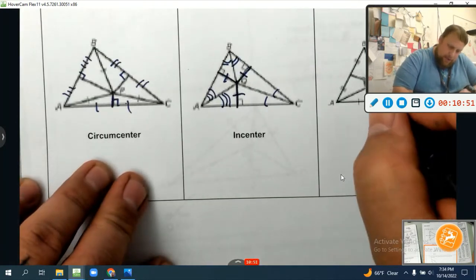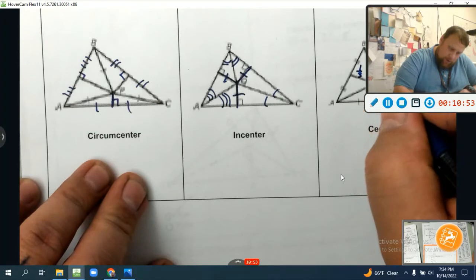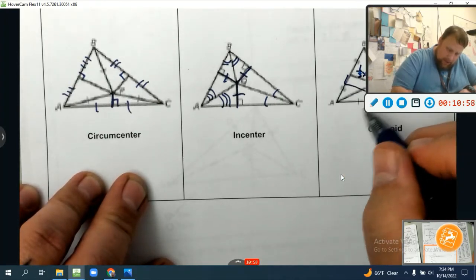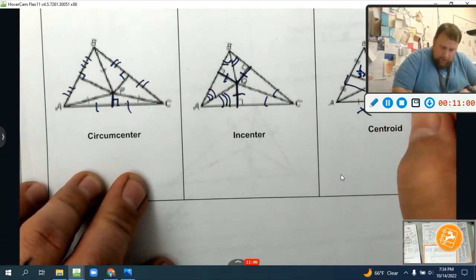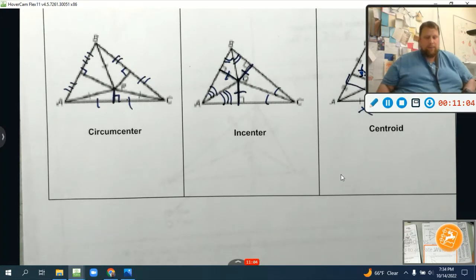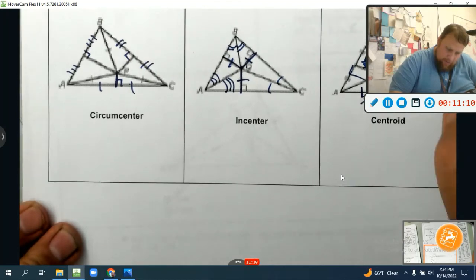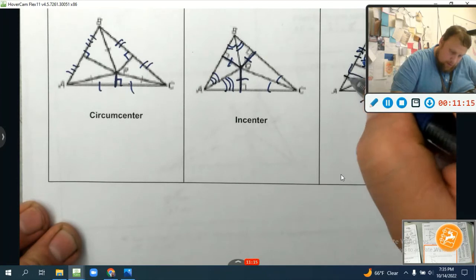And the centroid is this, such that the short side is 1/3 of the total. So if this total distance is x, then right here is 1/3 of x, and this is 2/3 x. Boom. And those are median lines. So that means they're actually separating this. You can't see in the picture real good, but it cuts these lines in half. 1, 2, 1, 2, and then 1, 2, 3, 1, 2, 3.